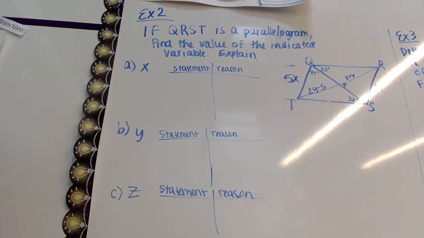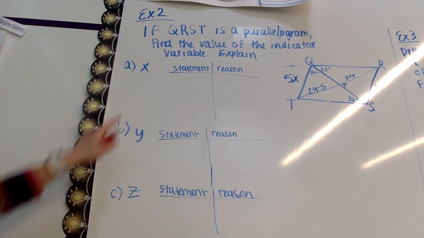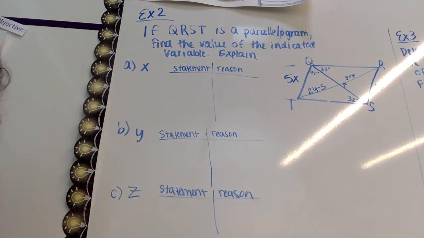All right, we have an example here. Example 2, if QRST, which is that quadrilateral drawn on the side, is a parallelogram, find the value of the indicated variable, explain. So we have to find the value of x, y, and z, and there's the parallelogram over there, and I already marked it up in the ways that we know that are given, okay? So just a couple things to clarify.